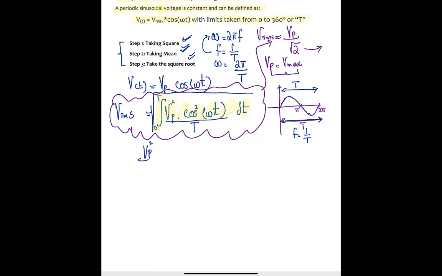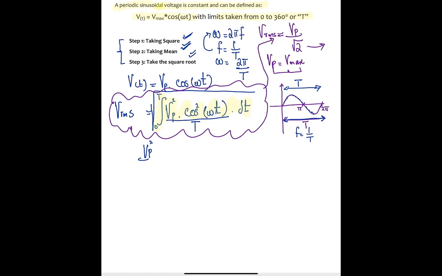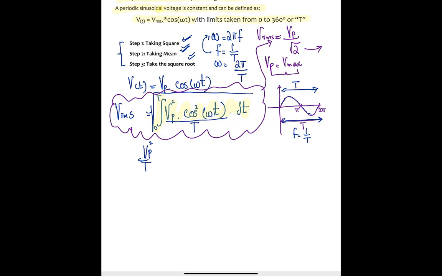Okay, forget that. Now I'm going to take V square p and T out of the integral, because those are just constants, so I get T over here, correct? Now I have T0 cosine square omega t dt.